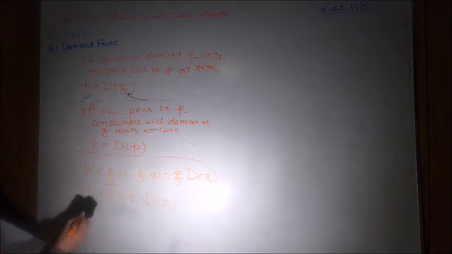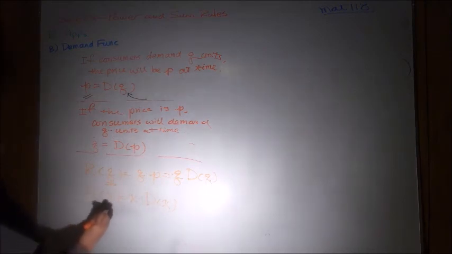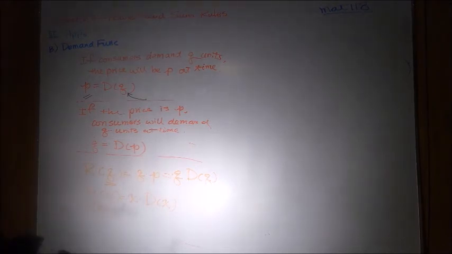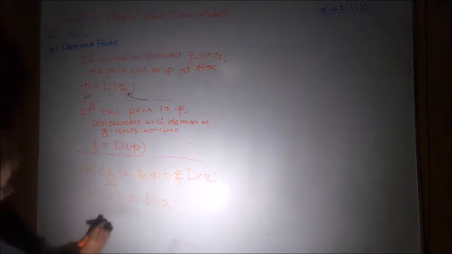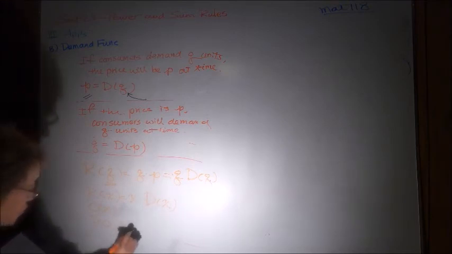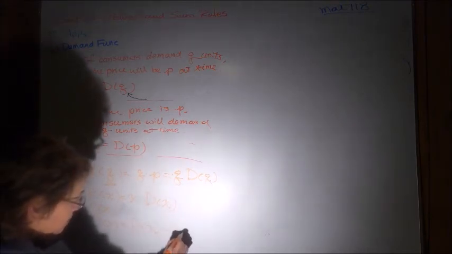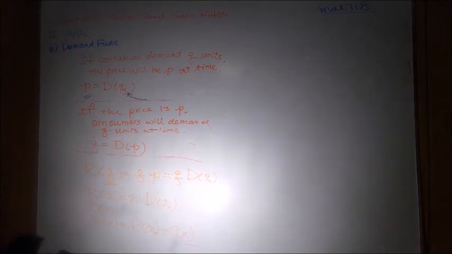Then if total cost is C of X, how much it costs you to produce 100 pieces, say, then your profit would be your revenue minus your cost. So that's just the formulas and thinking behind revenues, cost, and profits.